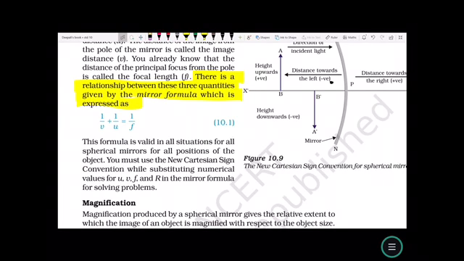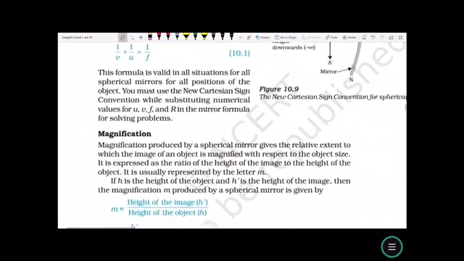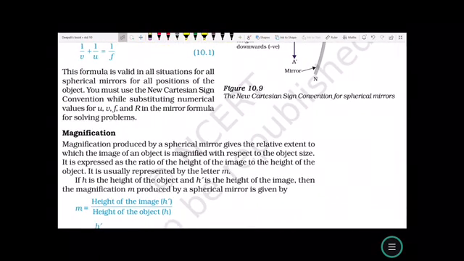This formula is valid in all situations for a spherical mirror, for all positions of the object. You must use the new Cartesian convention while substituting numerical values of u, v, f and r in the mirror formula for solving the problems, which we have already understood.